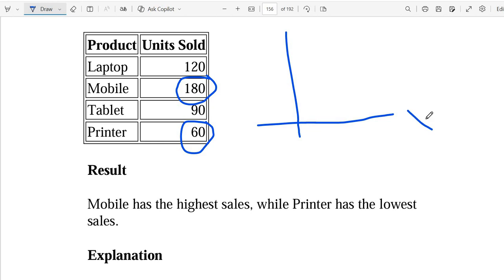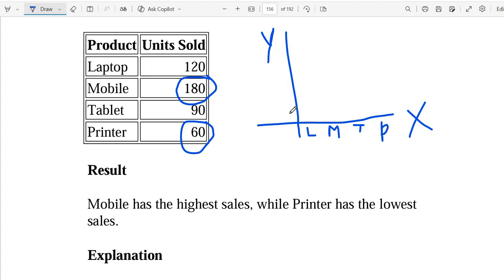We can say bar graph and we can also say bar chart. Suppose this is the y-axis and this is the x-axis. On the x-axis we will put laptop here, mobile here, tablet here, and printer here, right?